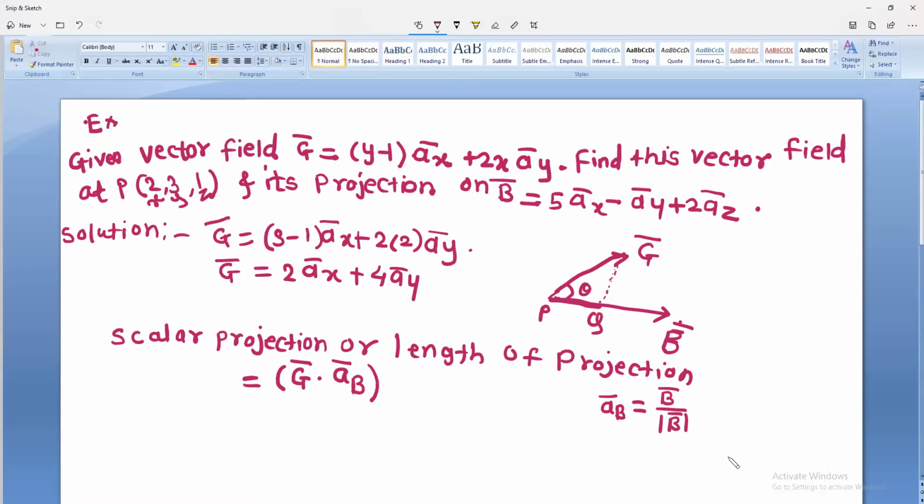Right. Unit vector is equal to that vector divided by its magnitude. Now we have to find this B bar. Already B bar is given. We have to find magnitude of this B bar. Okay. So mod of B bar.